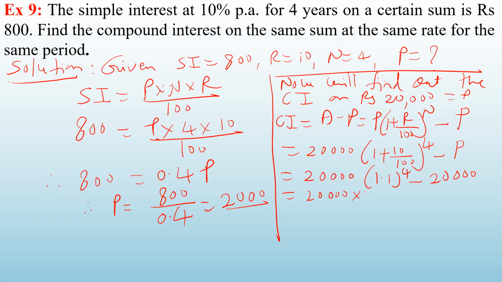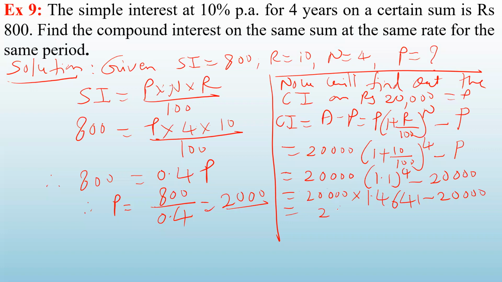1.1 raised to power 4 is how much? That is 1.4641. So multiplied by 20,000, you will get 20,000 multiplied by 1.4641.